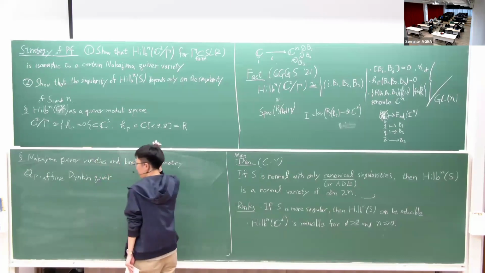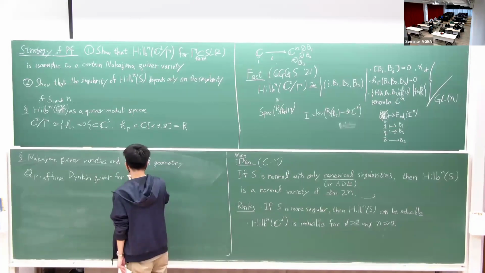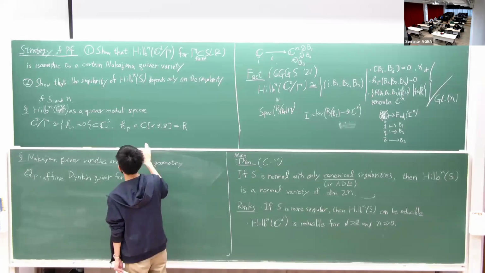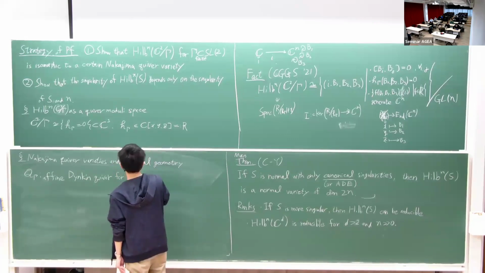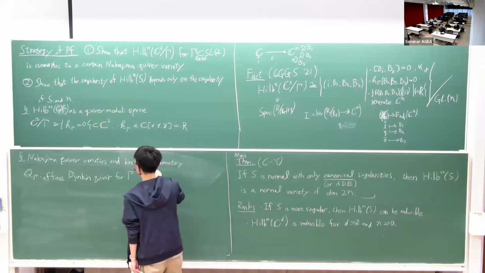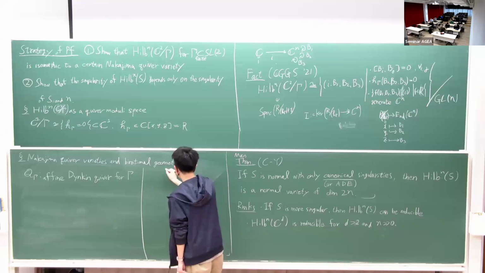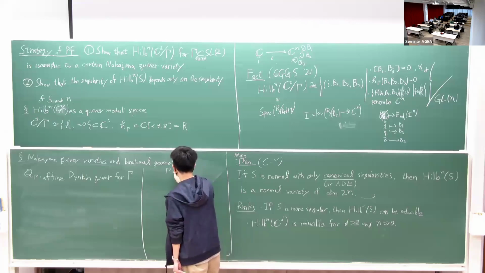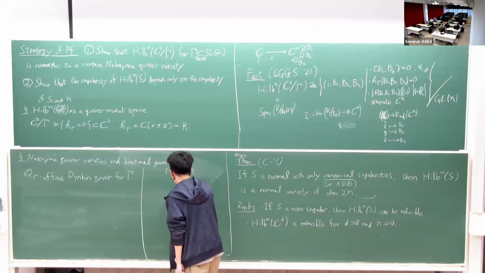So here we consider the affine quiver corresponding to gamma, the finite subgroup of SL2. For example, if gamma is of type D5, the quiver Q_gamma is the following.